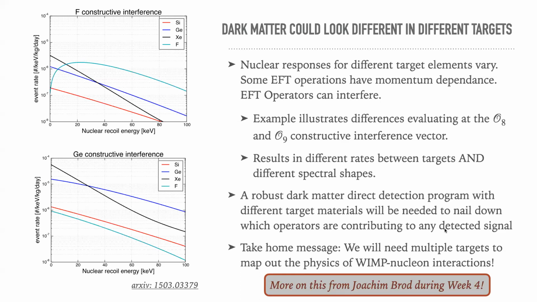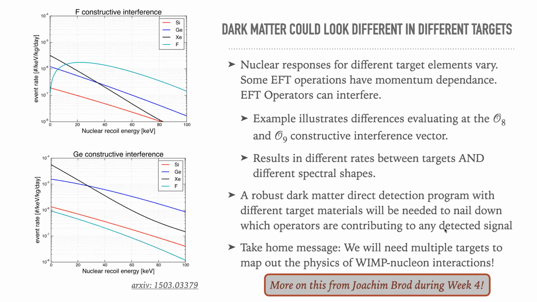Okay, so what this tells us, and the reason that I wanted to bring up effective field theory at all, is that if you're going to have a robust dark matter detection program, you need to have different materials. This is going to be essential if we ever discover dark matter and want to start understanding better how those interactions are happening at the nuclear level.